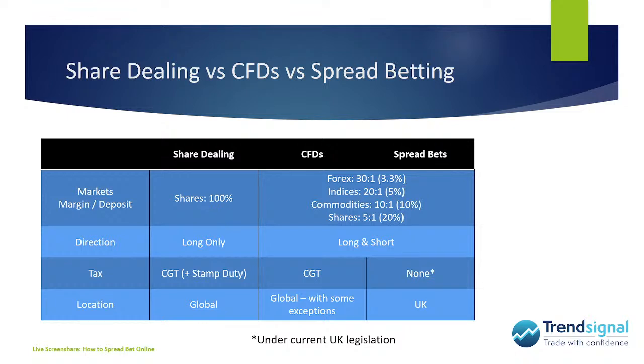Can I get everyone in the chat box, please, or the questions box, please, to let me know what type of trading account you've had before? Or how have you traded before, if not at all? If you've never traded before, just type never in the questions box. If you've traded shares before, you can perhaps put an S. If you've done CFDs, then perhaps put CFD. And if you've done a spread bet, why don't you just put SB in there?